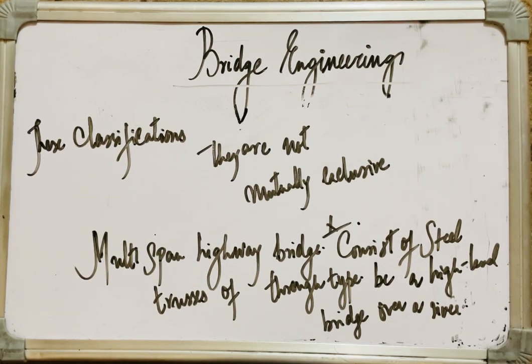So these classifications are not mutually exclusive. Any one type may overlap with the others. For example, we can have a multi-span highway bridge which may consist of steel trusses of the through type and maybe of the high-level bridge over a river.